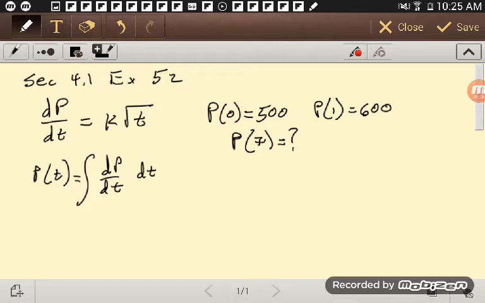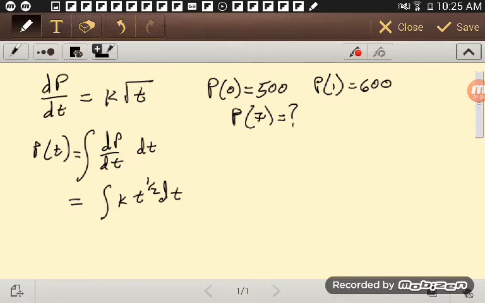And that is the antiderivative of k times, I'll write it as t to the 1/2 dt.